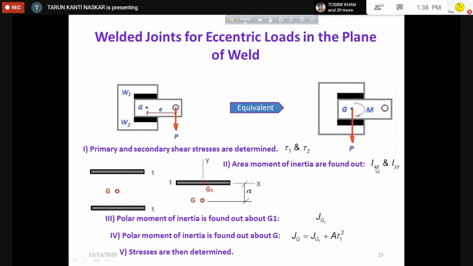That means you can find out Ixx, Iyy, tau1, tau2, JG1, and ultimately JG. And when JG is known, then you can find out the stresses. So this is all for the welded joint, and I will send you the note after the class is over.